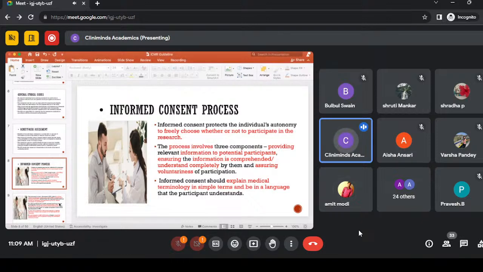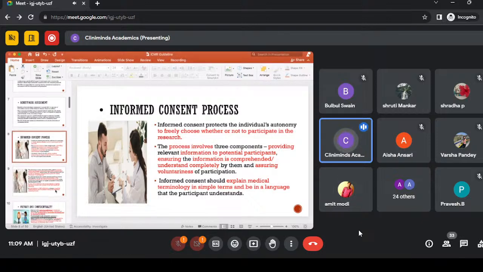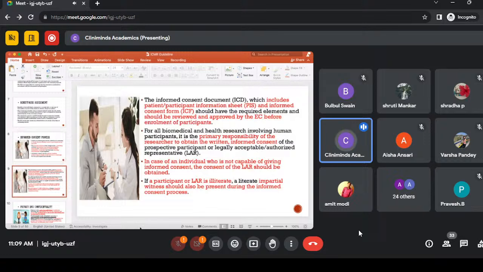Then after that, the patient gives their consent in writing by signing the informed consent form. Right. So, as I mentioned, the informed consent document comprises two parts, part A and part B. Part A is the patient information sheet, in which the complete information about the trial is present, and the informed consent form is a form in itself, saying that it is an informed consent.